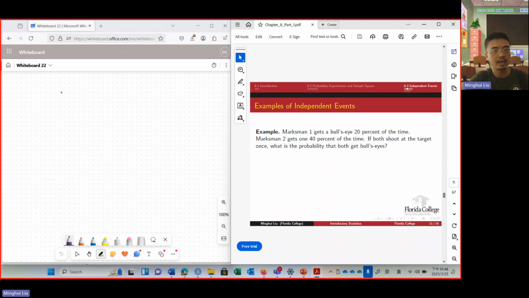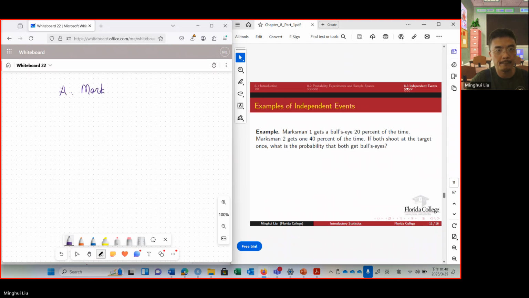Here we let A be the event that marksman 1 gets a bullseye, and B be the event that the second marksman gets a bullseye.